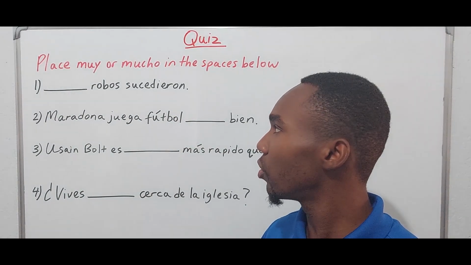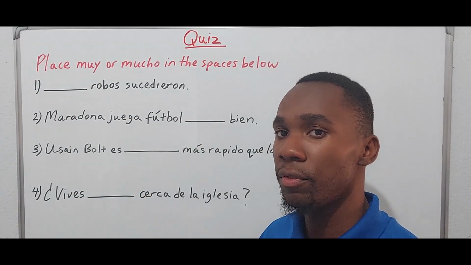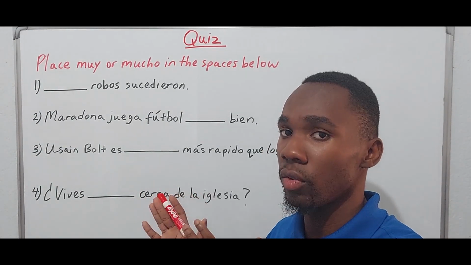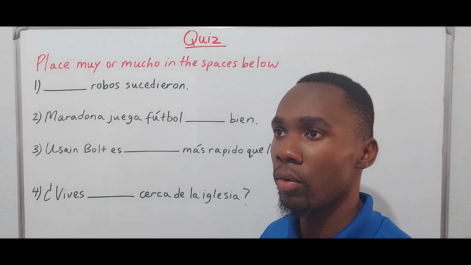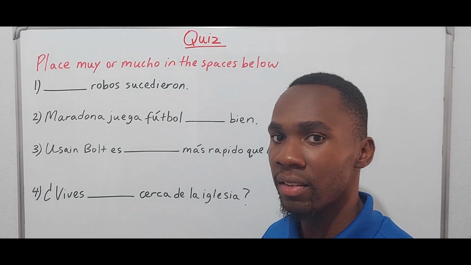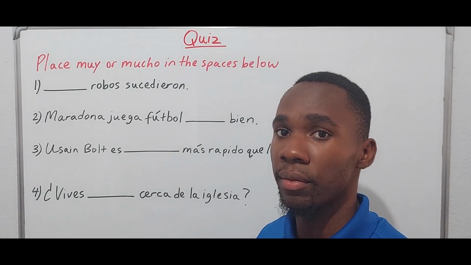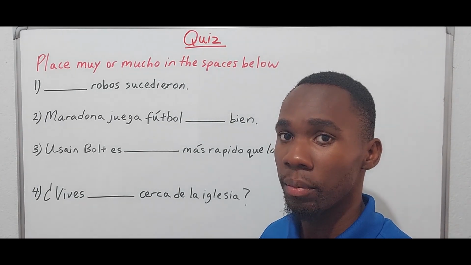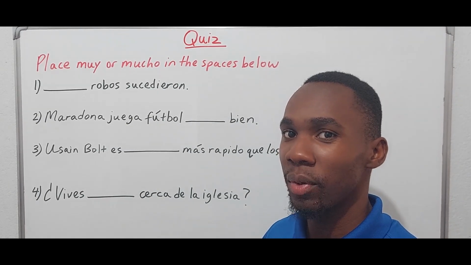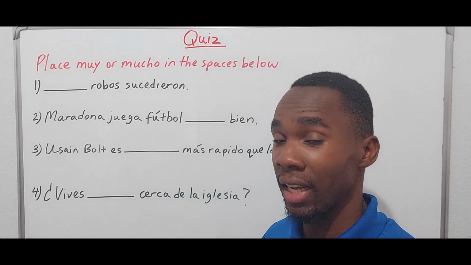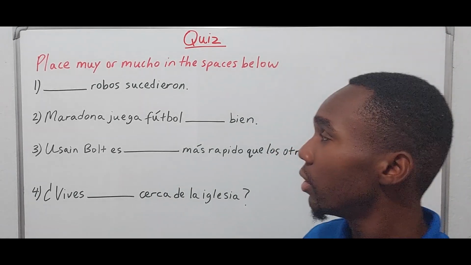Number 1. Blank robos sucedieron. So the first thing we need to do is look at what follows, right? Robos. What is robos? Well, robos would be robberies, and that is a noun. Therefore, there's only one option. It has to be mucho. So remember, when you use mucho with nouns, it has to agree with gender and number.